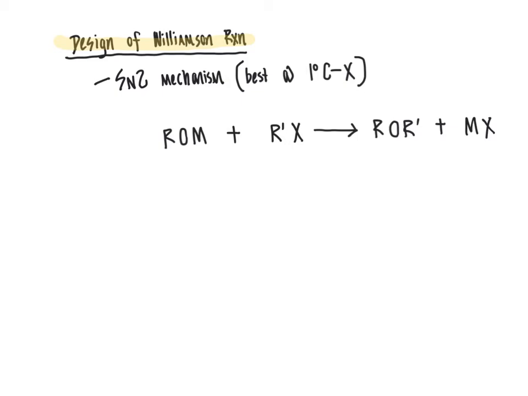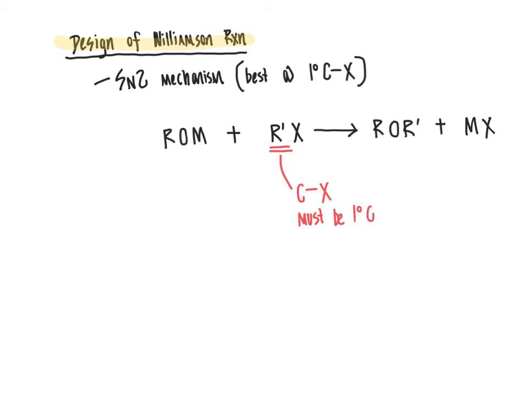And so in order to set up an effective Williamson ether synthesis reaction, we have to design this so that the R group, specifically the carbon that is bonded to the halogen, must be a primary carbon.